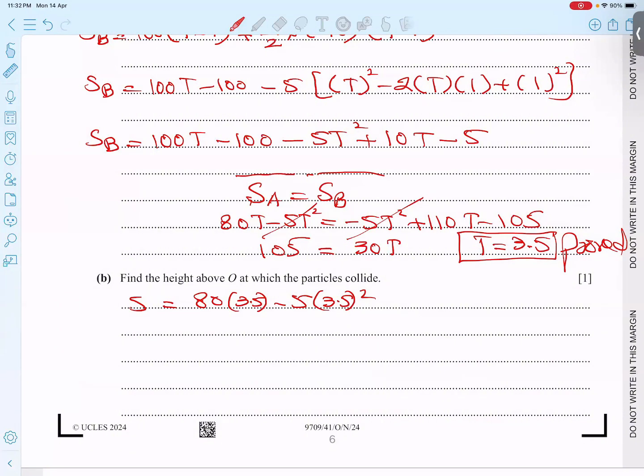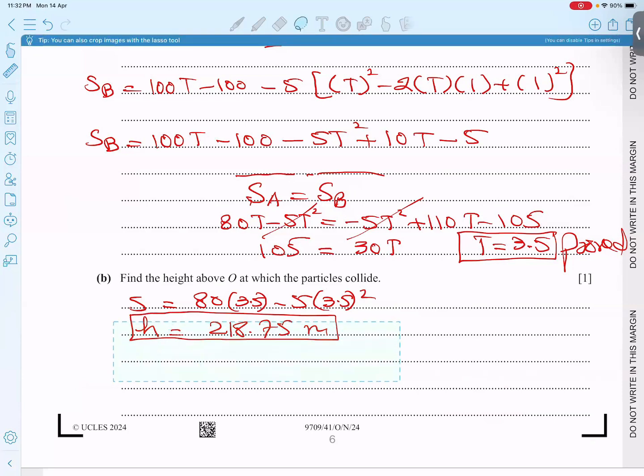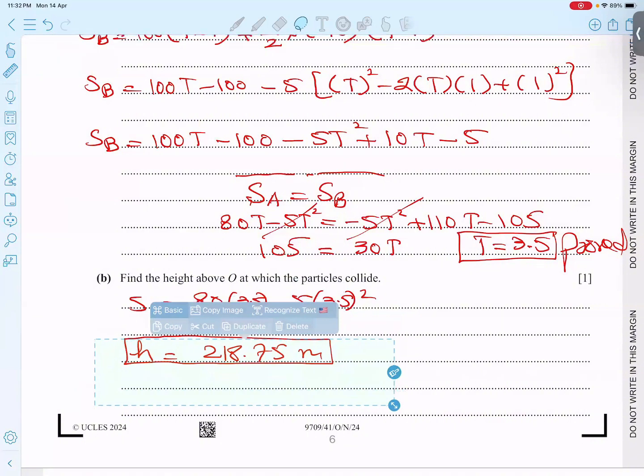And I'm getting 18.75 meters. So this is the height of the particle from O. So done it. Alhamdulillah Rabbil Alameen. This is over. Okay, let's go for the next part.